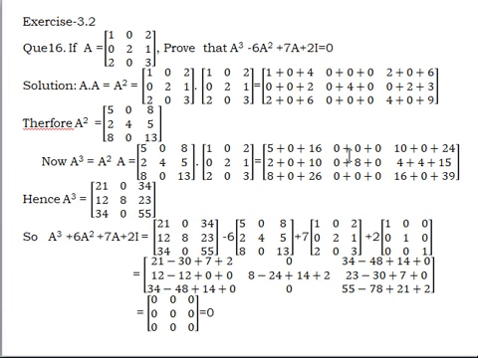Now here you see we have written the multiplication of corresponding elements of first row first column, first row second column, first row third column. Similarly, second row first column, second row second column, second row third column, then third row first column, third row second column, and third row third column. So here we will get A cube, that is 21 0 34, 12 8 23, and 34 0 55.